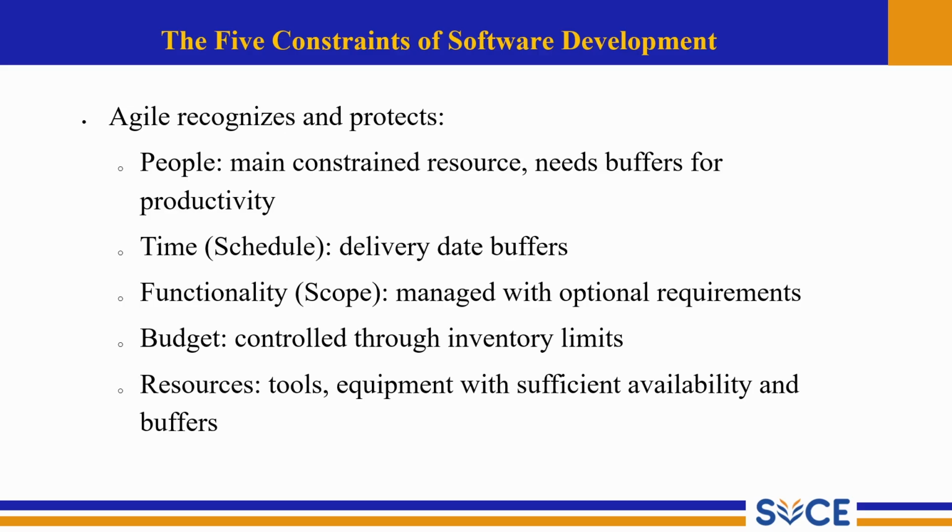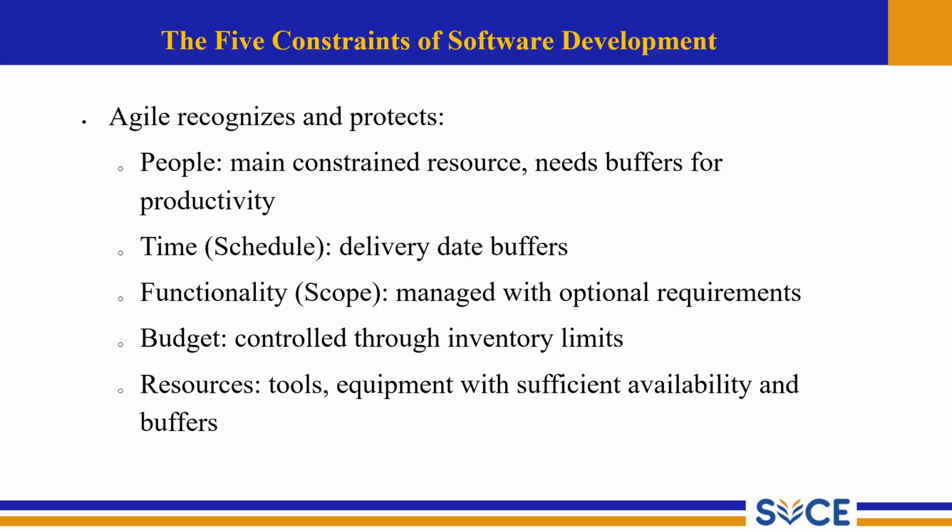And second one is time, that is schedule, delivery date, buffers. Deadlines should allow flexibility. And third one is functionality, managed with operational requirements. We can prioritize essential work while keeping other requirements.